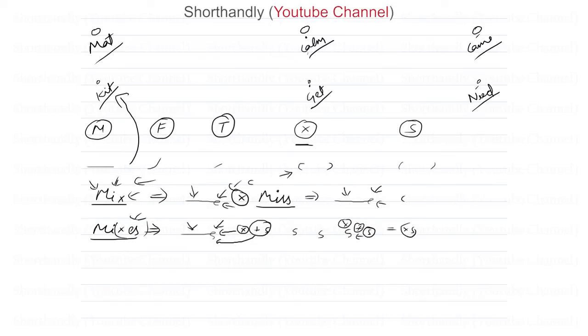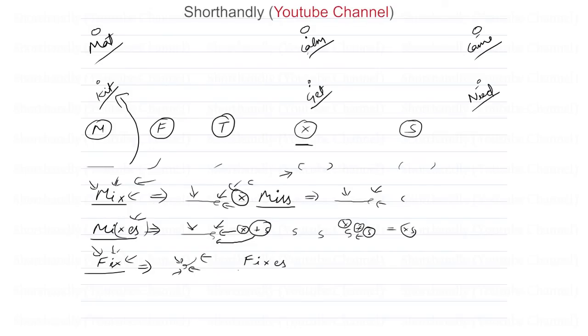Suppose we have another word called fix. Now we have F, then again the E vowel, then we have X. So fix will be made like this. This is F, then the E vowel, then this X, which is slant S. Now suppose another word called fixes.